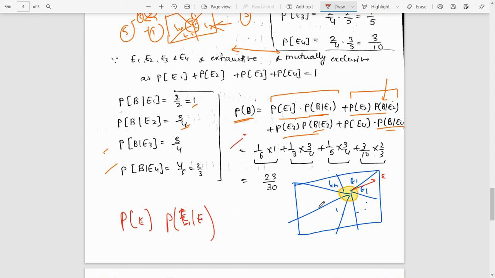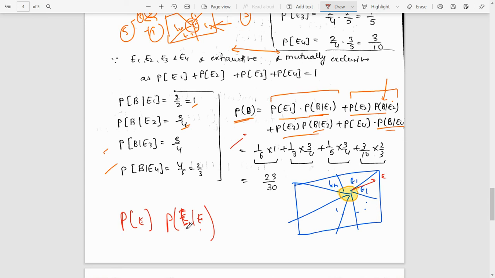You can think of it this way: there are a lot of probabilities there, and each of these events has some contribution in E. So if E has already occurred, then we are trying to find the probability that E has occurred due to E1.